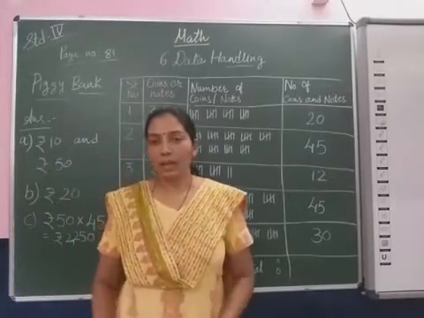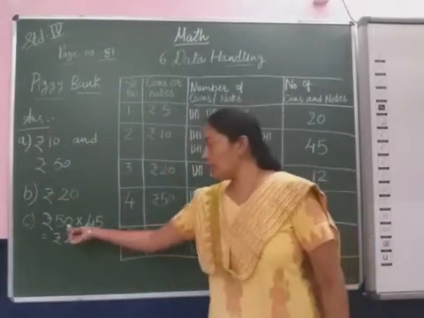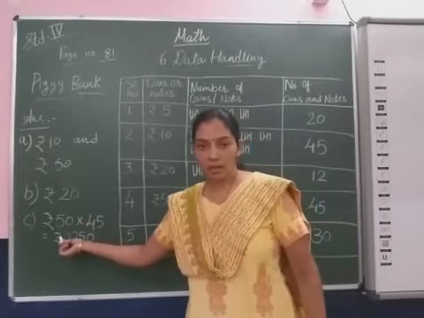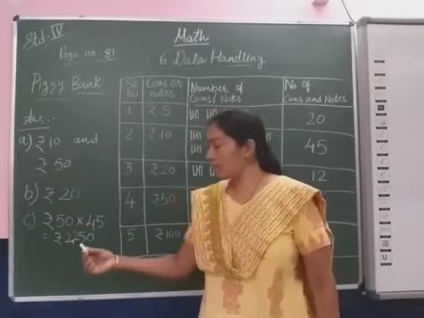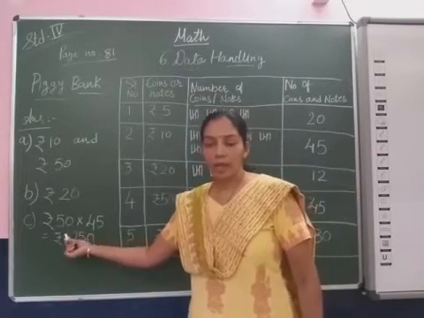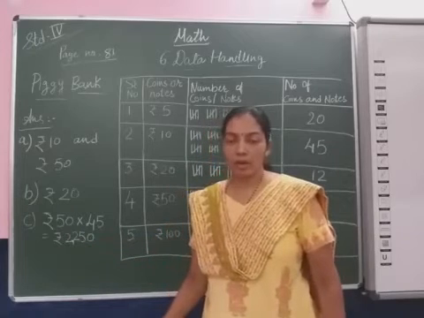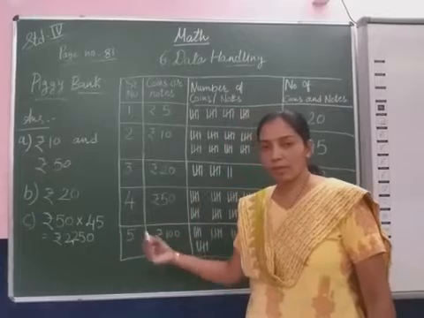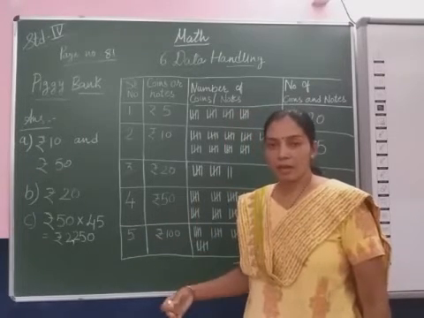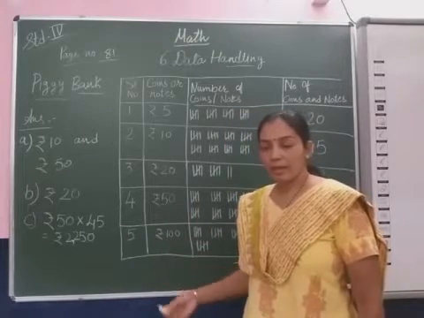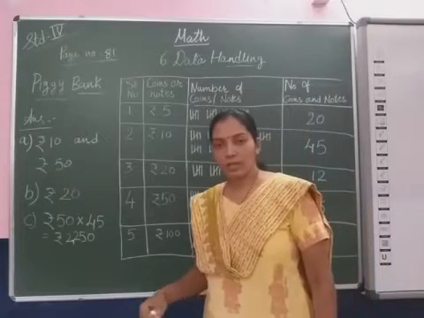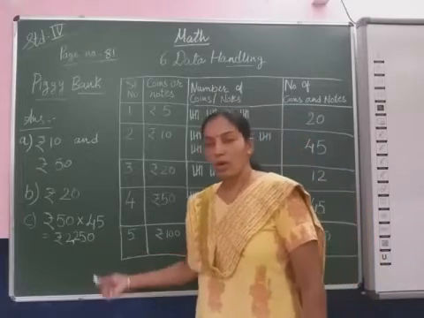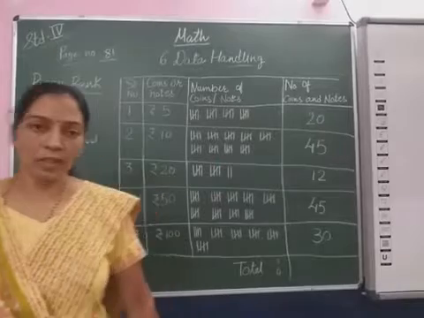So for that I put it here for the explanation: the number of notes and the actual amount is rupees 50 multiplied by number of notes 45. So Akhtar saved in his piggy bank in rupees 50 notes the amount of 2250.